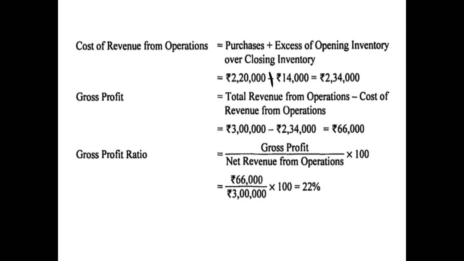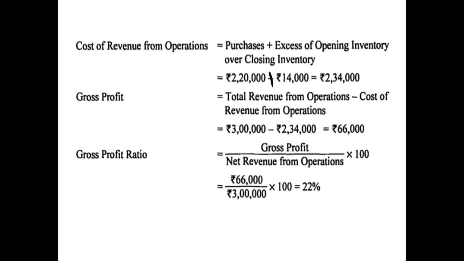So we'll be adding the 2,20,000 plus 14,000, so we'll be getting 2,34,000. So we have already got the cost of RFO and we have total RFO. So we'll put the formula for gross profit, and gross profit is equal to total RFO minus cost of RFO, that is 3 lakh minus 2,34,000. So we'll get the gross profit amount as 66,000.